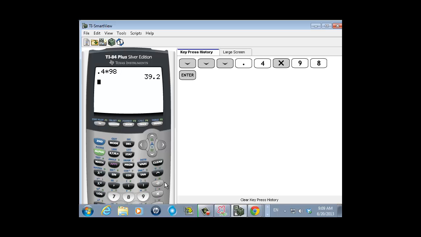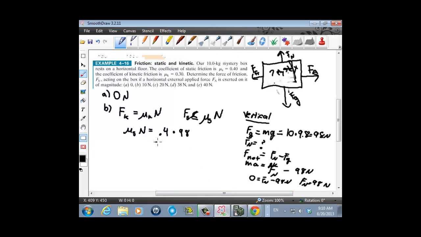And so we get 39.2. And so the maximum static friction can be is 39.2. So that's static friction max. We're applying a force of 10 newtons. So are we applying enough to overcome the static friction? No.